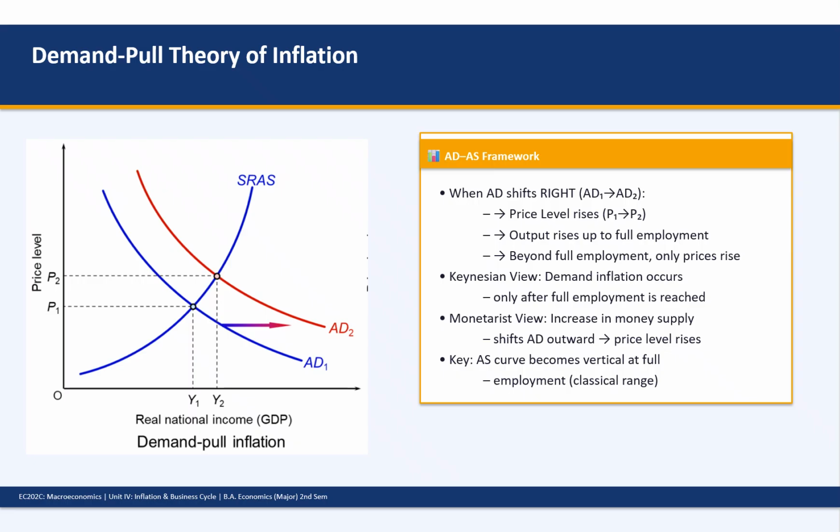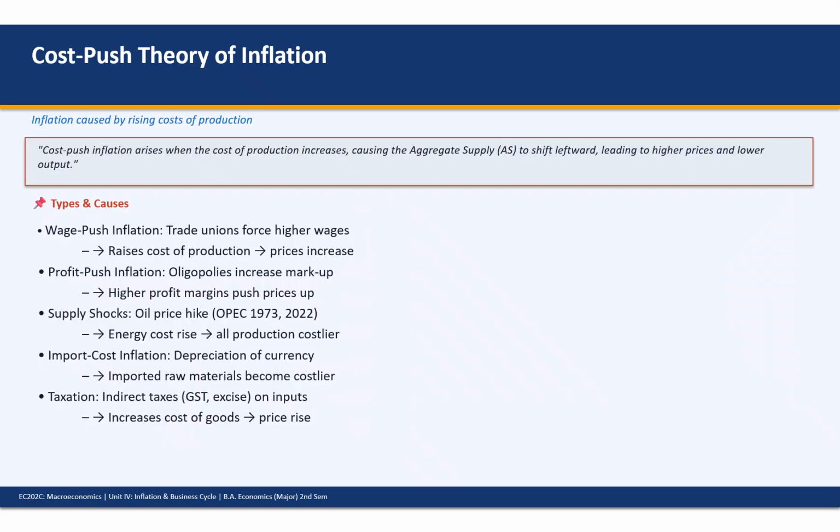So, an outward shift in aggregate demand raises the output only in the short run. But once full employment is reached, the same increase in demand leads mainly to inflation.